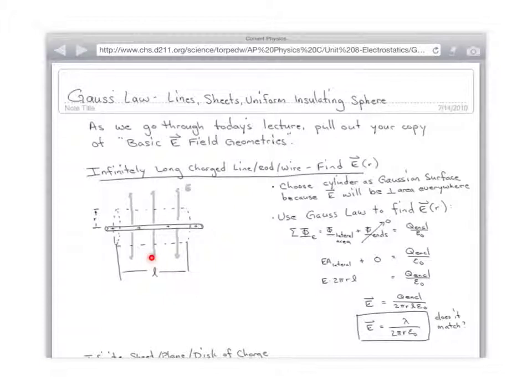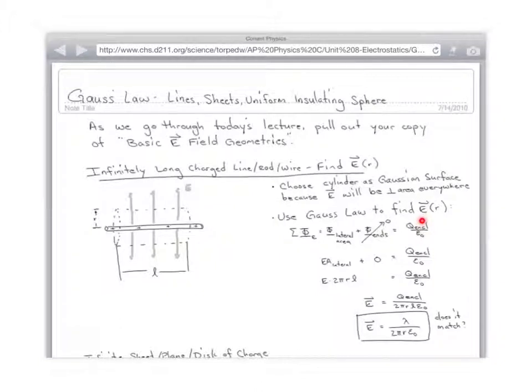So we're going to take a piece of Gaussian surface that's got a length of L that's going to enclose a length L of this infinite wire. It's got two end caps and it's got the lateral area. So we know the flux through the lateral area plus the flux through the ends has to equal charge enclosed over epsilon naught.